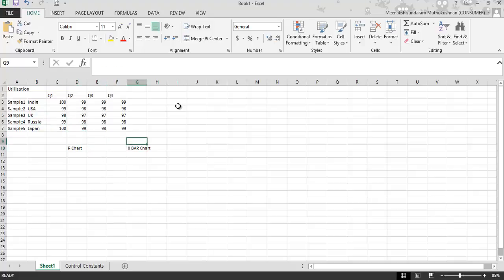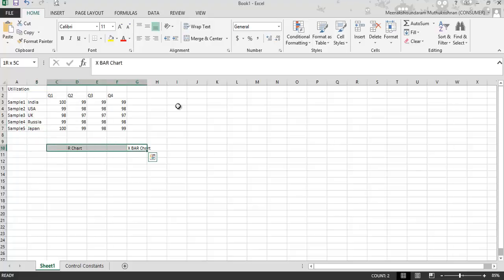The Xbar chart will answer the second question of the CEO: when compared to India, how USA is performing, how UK is performing, and whether certain countries are not performing well, even though individually they look good. That information we get from the Xbar R chart.